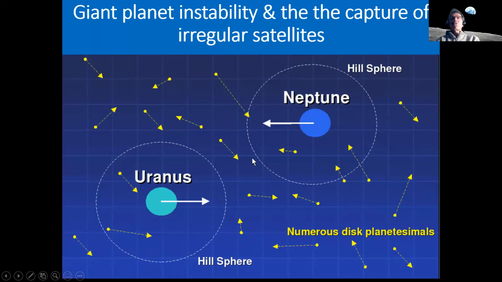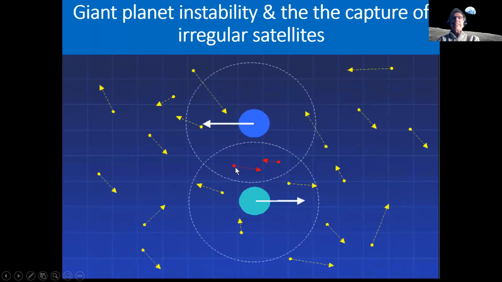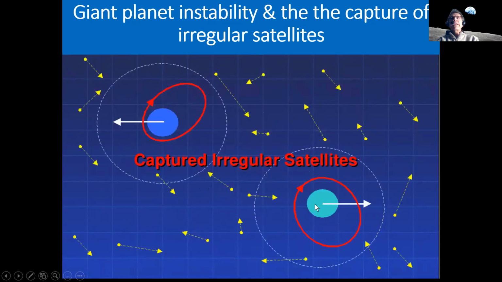And when they have mutual close encounters, they are embedded in these disks of dispersed planetesimals. And so when an encounter happens, some planetesimals can have encounters with both encountering planets. And so this is a three-body dynamics, four-body dynamics with the sun. And as a result, these planetesimals, for instance, can be captured around each planet. And when they are captured, their orbits are very eccentric and typically fairly inclined.